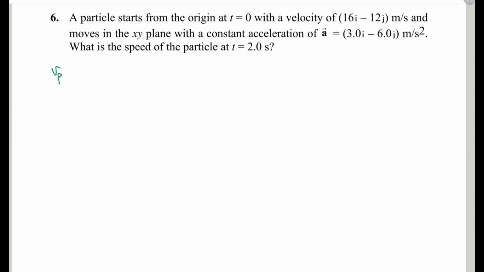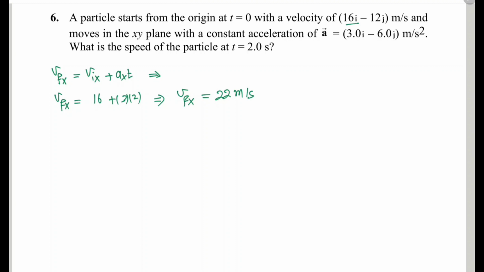The final v_x equals the initial v_x plus a_x t. You substitute the acceleration and initial velocity, so you'll get v final x equals 16, given right here, plus a_x, which equals 3, times the time 2, so v final x equals 22 meters per second.